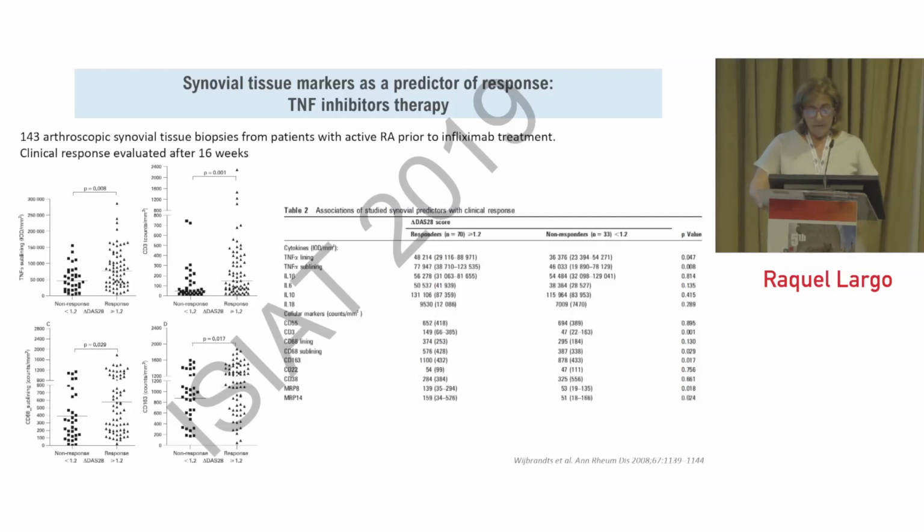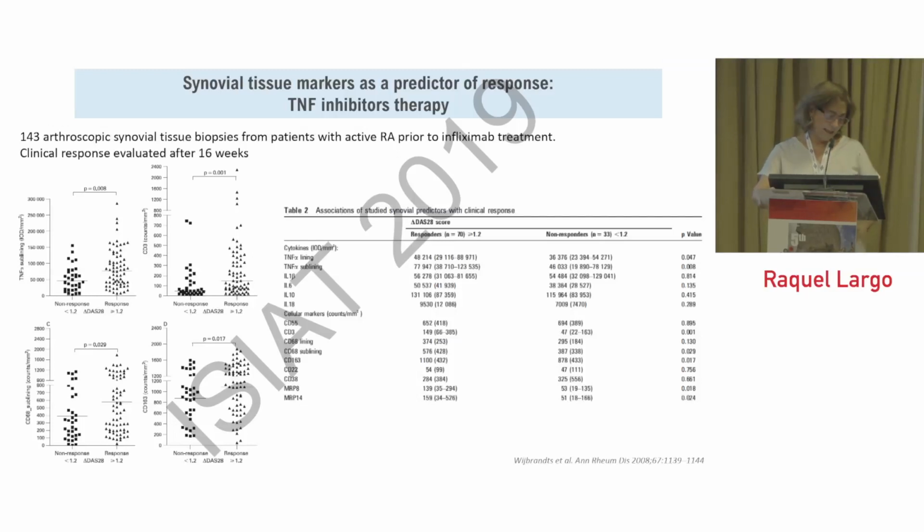Most of these studies have been carried out with TNF inhibitors, as you can see here, and a study with synovial biopsies obtained from patients with active rheumatoid arthritis prior to infliximab treatment. What they tried to study is whether an increase in TNF presence, or in the cells responsible for TNF synthesis, was a predictor of a higher response to a TNF inhibitor.